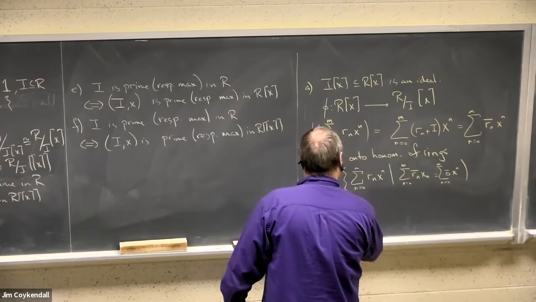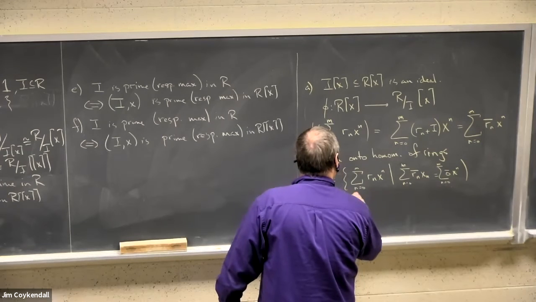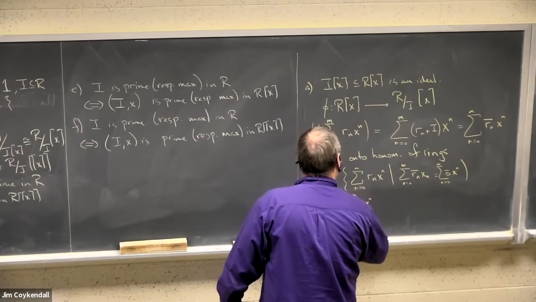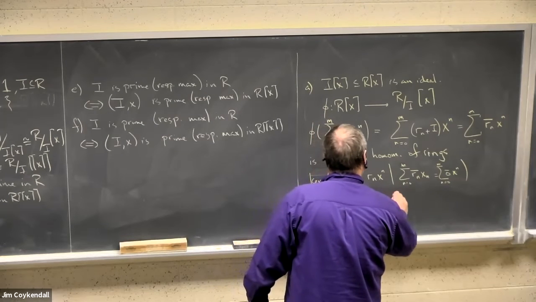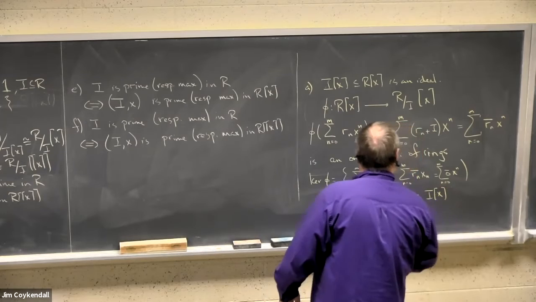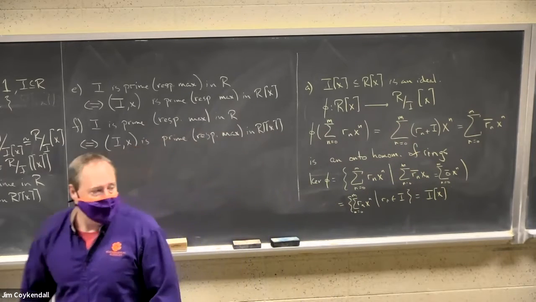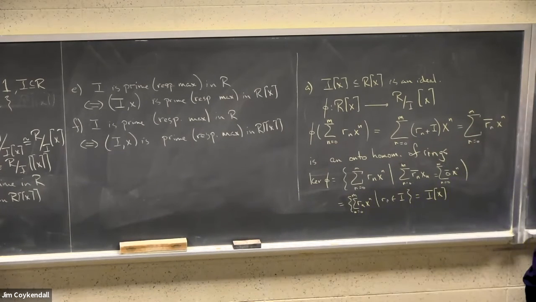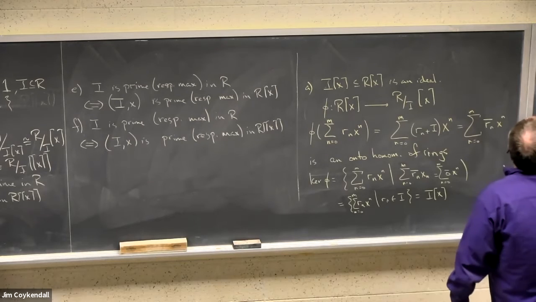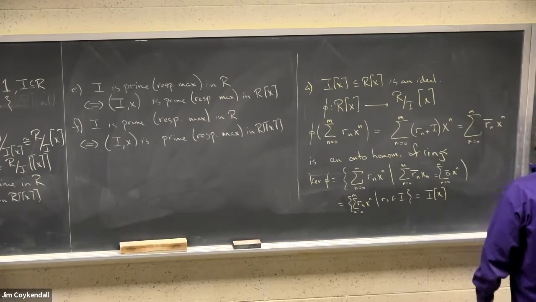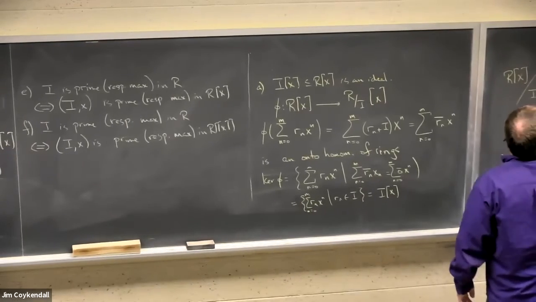Therefore, the kernel is equal to the set of Rn xn such that Rn is in I. So it's Ix. So by the first isomorphism theorem, Rx modulo the kernel of that homomorphism is isomorphic to R mod I.